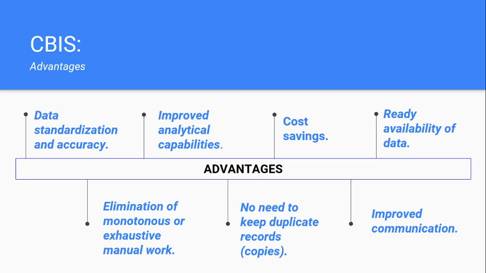Yes, if standardized data is inputted into the system, accurate and correct information can be generated. This has to be kept in mind for having correct input for the system. The data must be standardized and accurate. That CBIS will ensure.